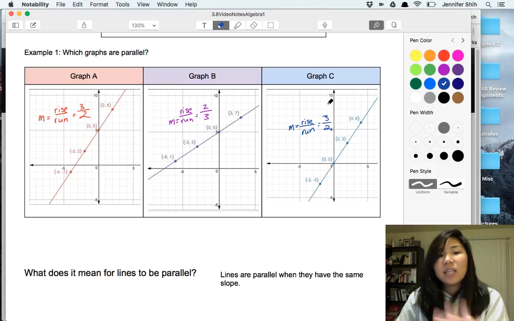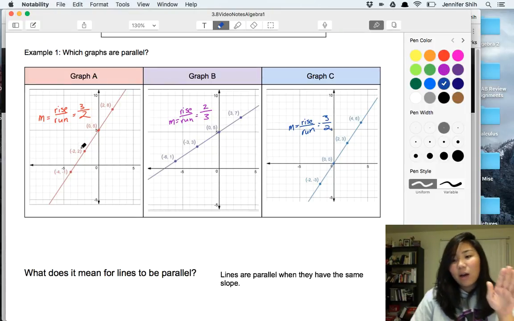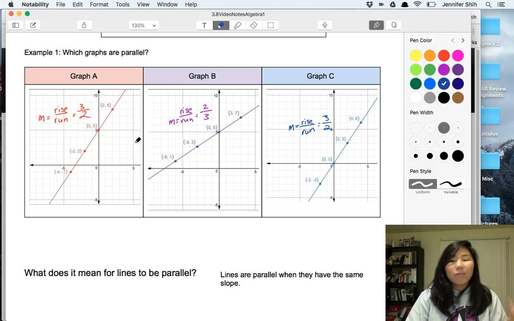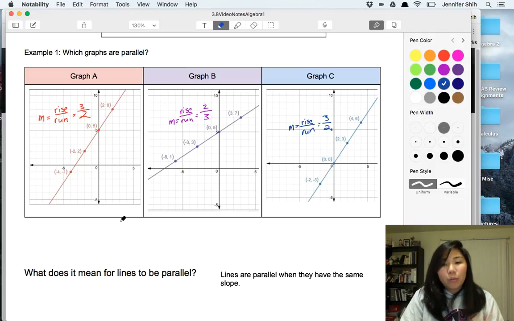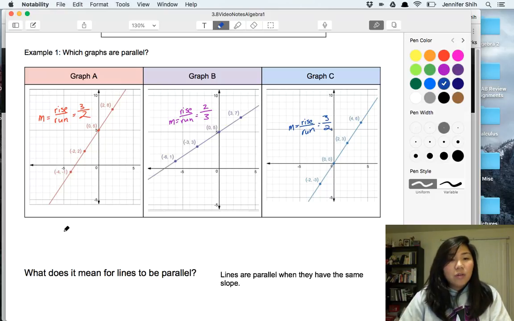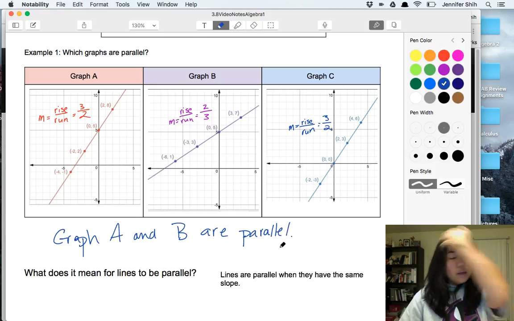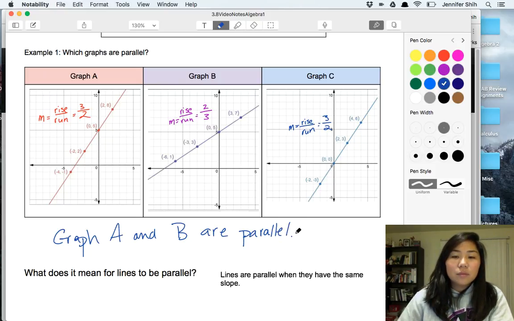So graph C and graph A both have slopes that are 3 over 2, and graph B does not have a slope of 3 over 2. So graph A and B are parallel. They have the same slope.